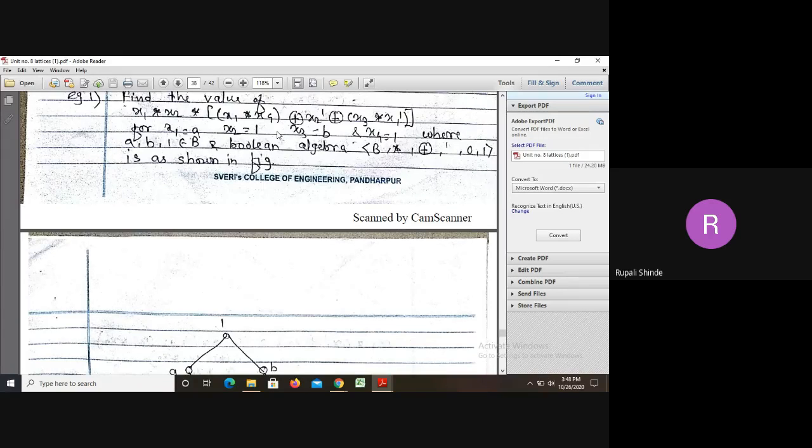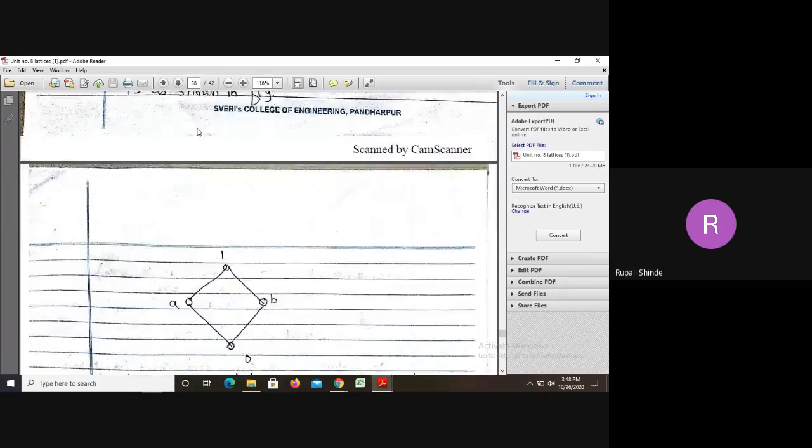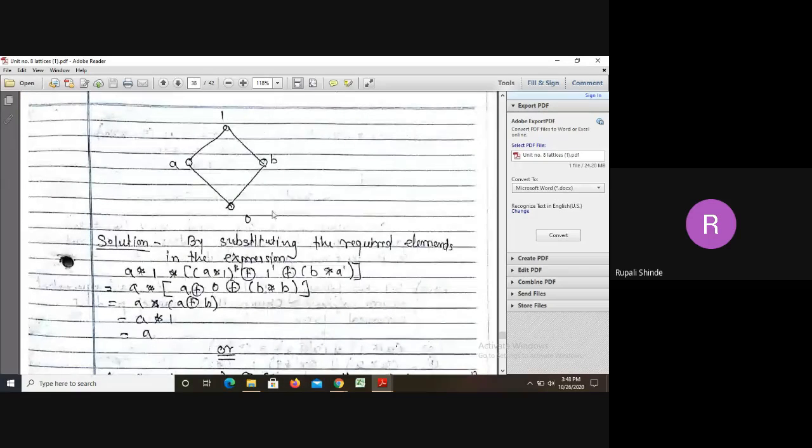XOR x2's complement: value of x2 is 1, so we take 1's complement, and that is 0. XOR x3, value of x3 is B. Star x1 complement: value of x1 is A and complement of A is B. So all those values are given here.